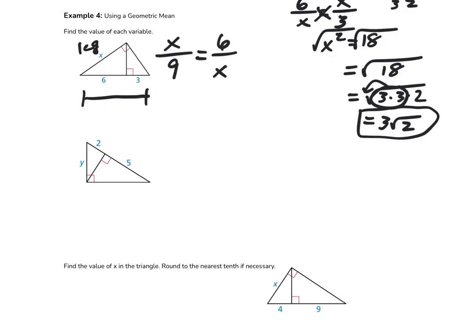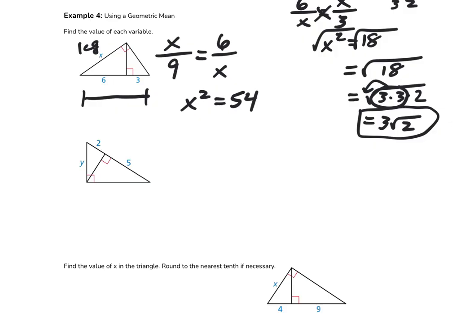So this is the leg of the entire triangle, and this piece right here is my hypotenuse. So leg to hypotenuse. And then on this medium triangle here, this is a leg, this is hypotenuse. So we went leg to hypotenuse. So leg to hypotenuse, leg to hypotenuse. When I cross multiply here, I'm going to get x squared equals 15.